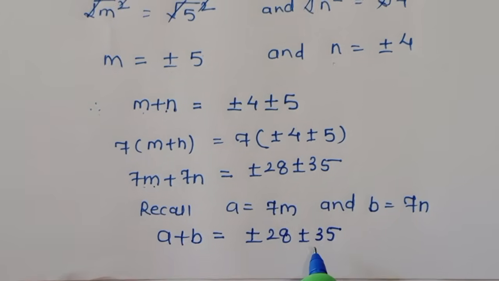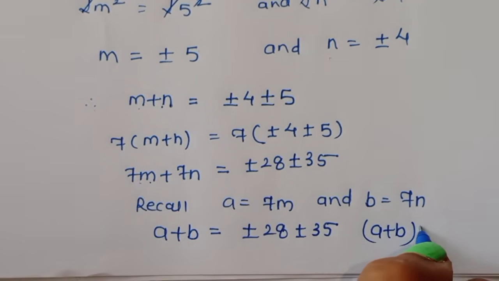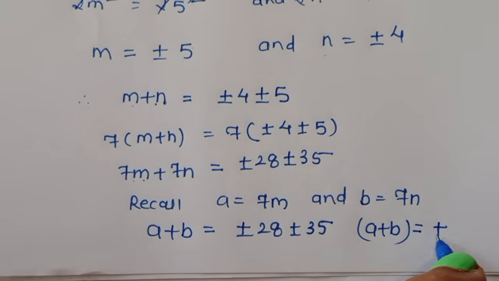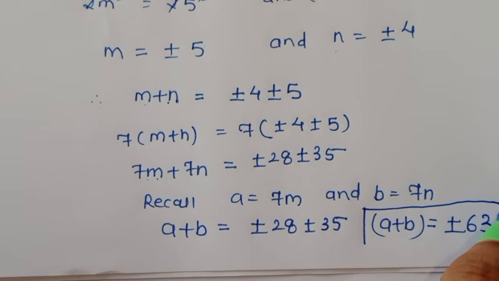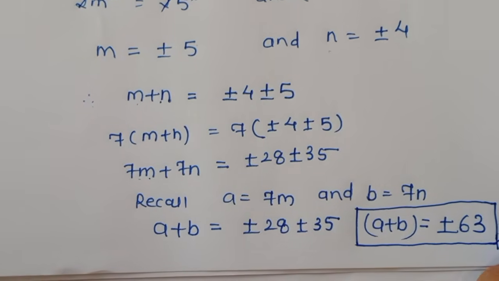Now when we add these terms, we get a plus b is equal to 28 plus 35, that is 63. So the value of a plus b is equal to plus minus 63, and this is the solution of this equation.